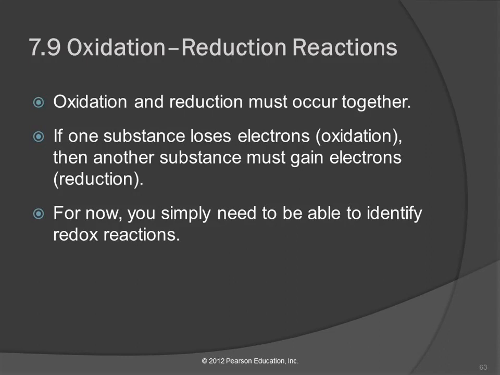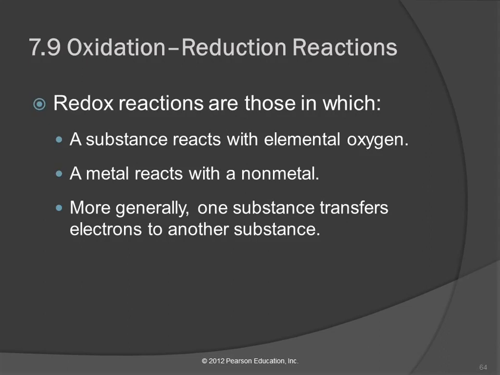And all we're going to do right now is identify redox reactions. Redox reactions end up being somewhat complicated, so we're just going to learn to identify them. How do we identify them? If we see a substance reacting with elemental oxygen, like the combustion of methane, something plus O2, that's a redox reaction. If we see a metal reacting with a nonmetal, that's a redox reaction.